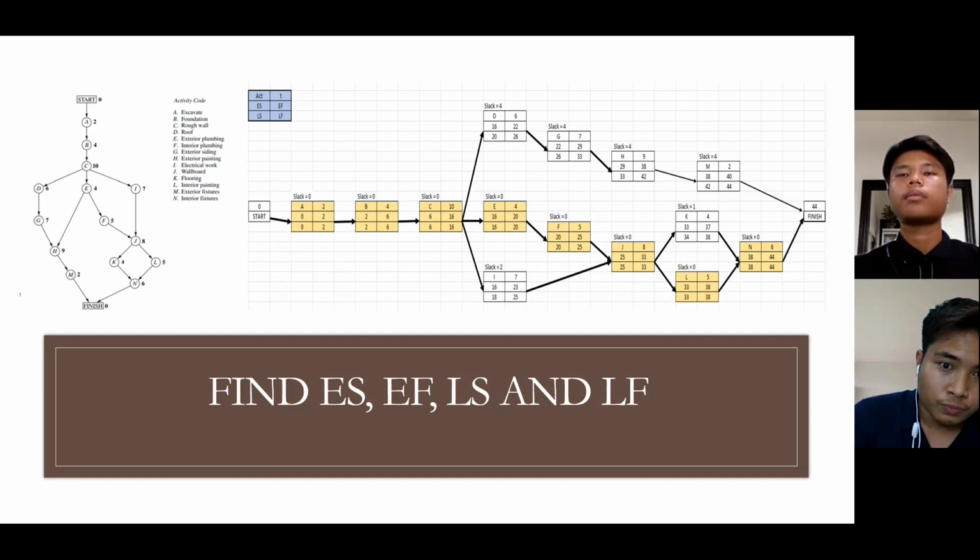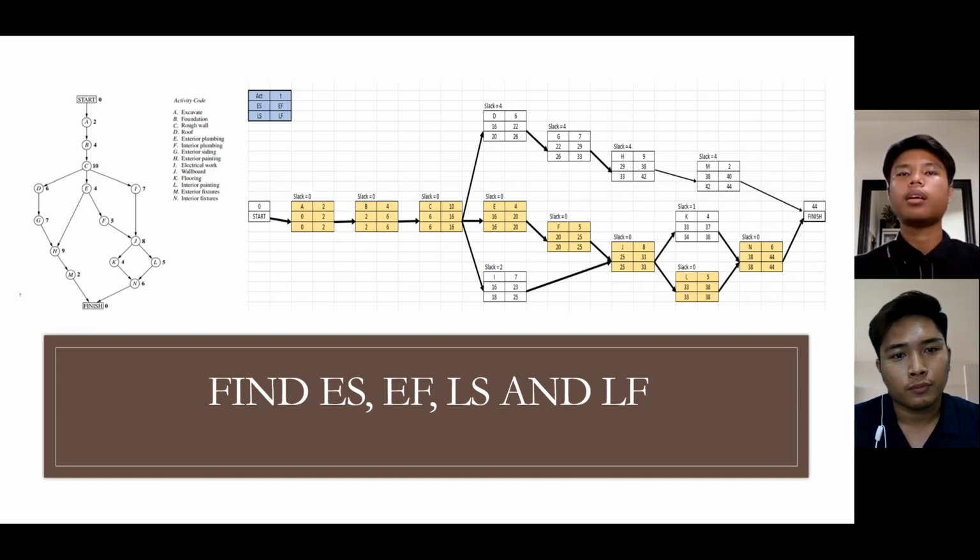After that, the flow goes like before. D will go to G, G will go to H and M until the finish.